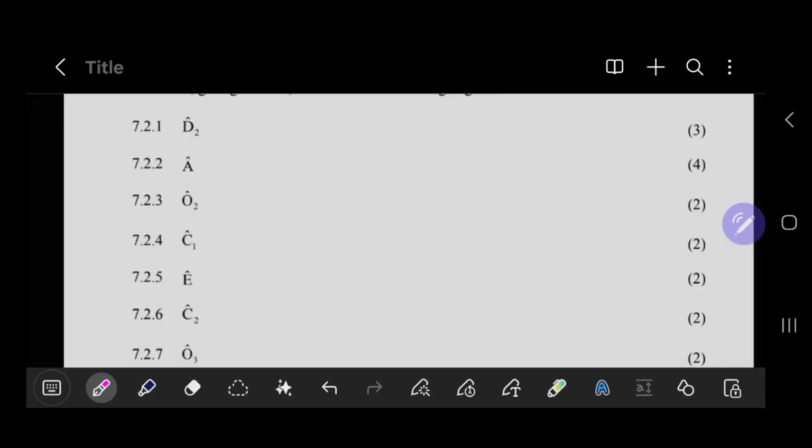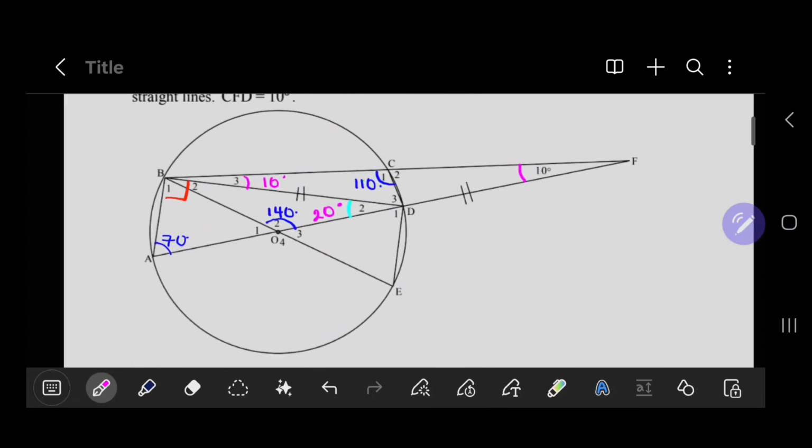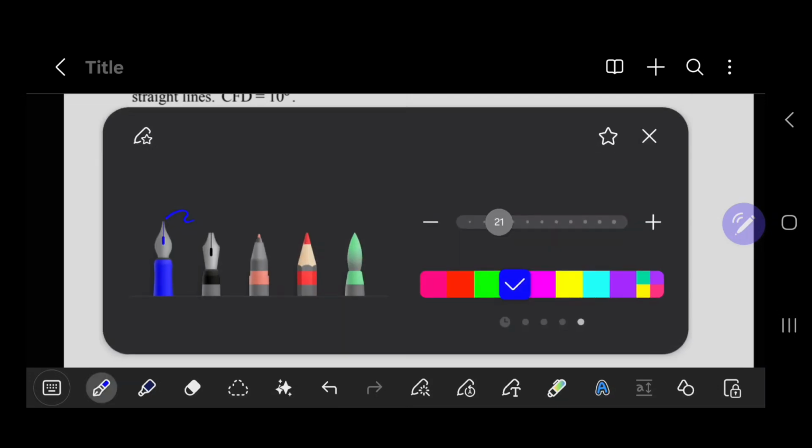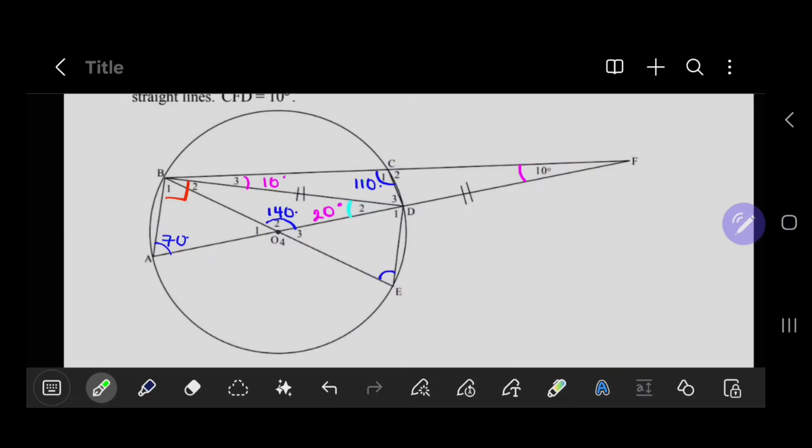Next, we are looking for angle E. So let's refer to our diagram and locate angle E. Okay, so here is angle E, and I had actually mentioned something really important to you before, where I said that points B and D subtend angle A, and points B and D subtend angle E as well.